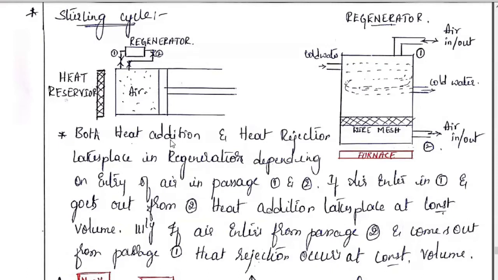Isothermal means constant temperature. How is it possible without heat interaction? There is a heat interaction between one device and another device. So, sir, you are asking how it is possible to maintain a constant temperature when there is heat transfer. Yes, it is possible to maintain a constant temperature even during heat transfer.